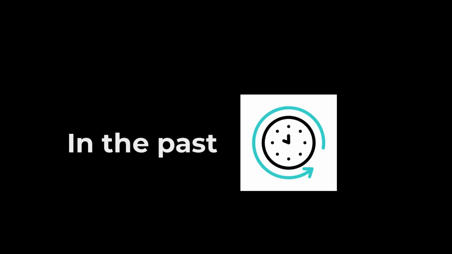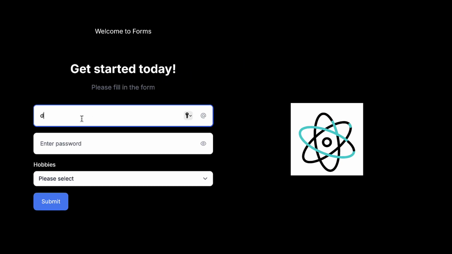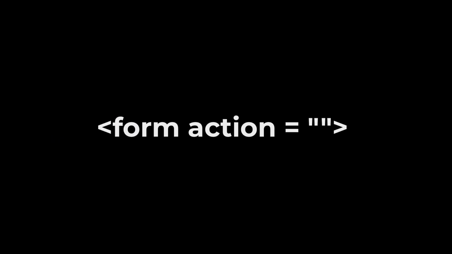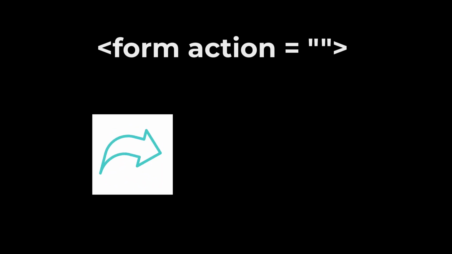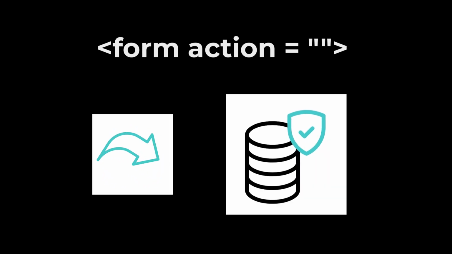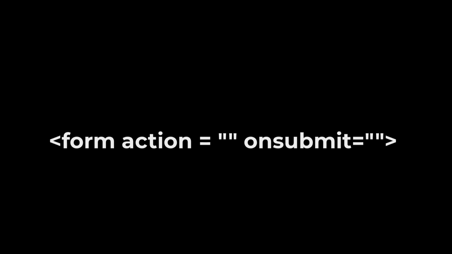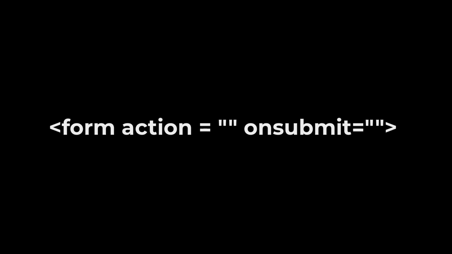how they work. In the past, when we would work with forms in React applications or even in ordinary HTML and CSS applications, we would normally have the action attribute attached to our form, and this action attribute helps us send our form data to where they'll be processed and probably sent to a database. And we also have the onSubmit attribute that a function can take.